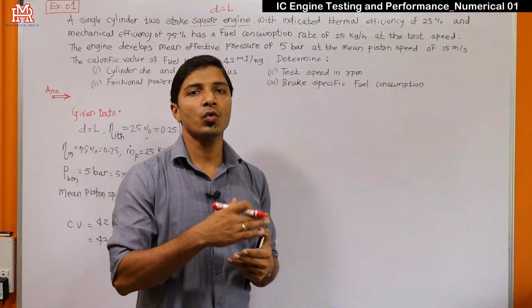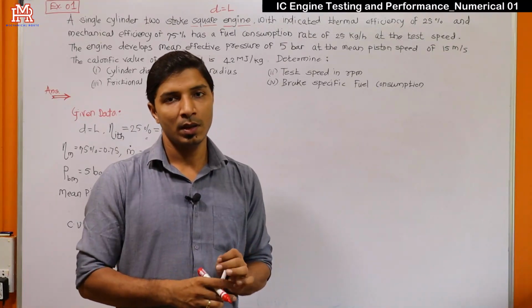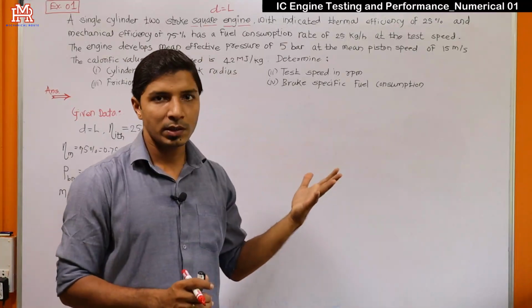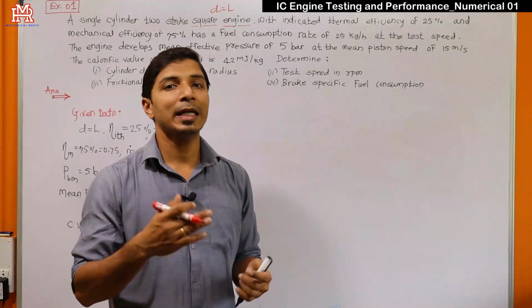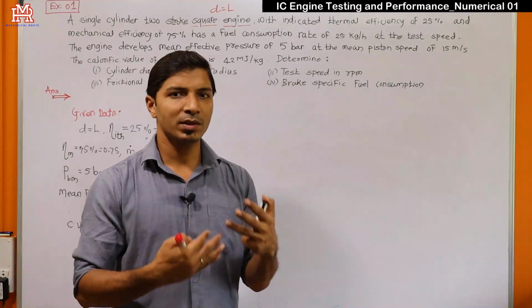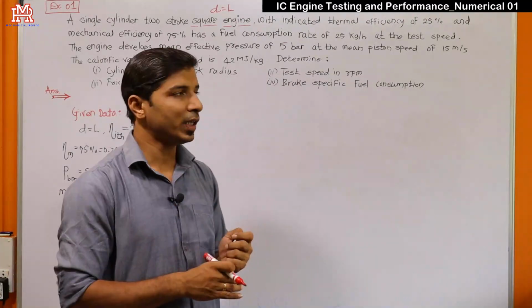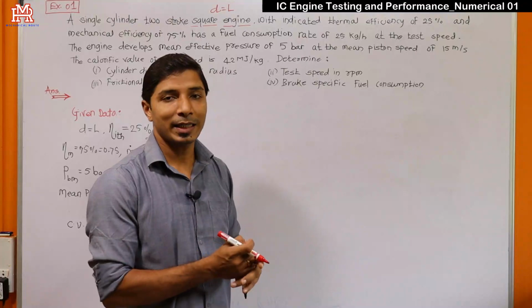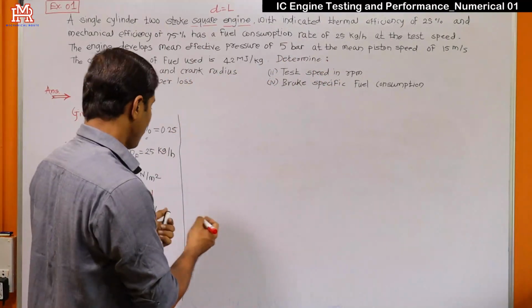Then we discussed how to find fuel consumption, SFC, specific fuel consumption, and BSFC, and some basic formulas. We have seen P m, mean effective pressure, brake mean effective pressure, and indicated mean effective pressure. The link is there in the description. Please go through that video, then definitely you will be able to memorize the formulas that can be used to find out this particular parameter. So we'll go one by one.